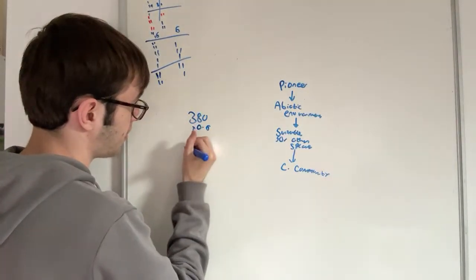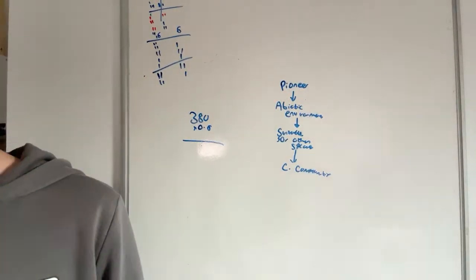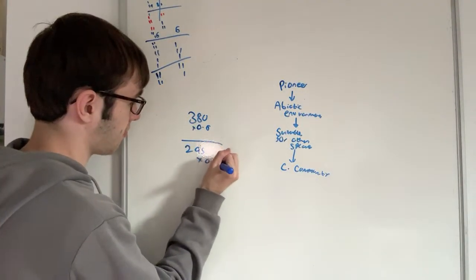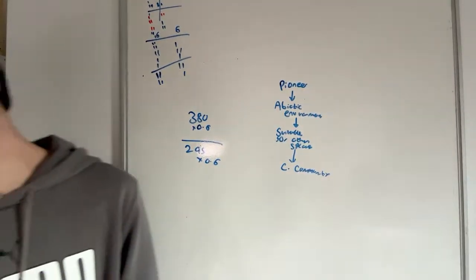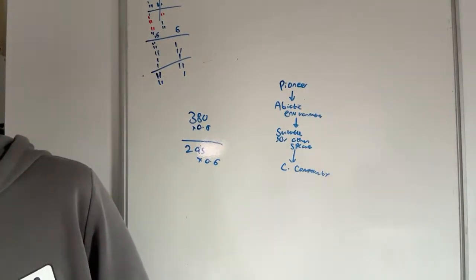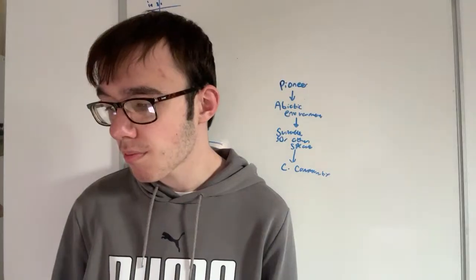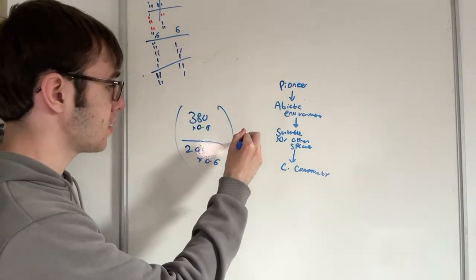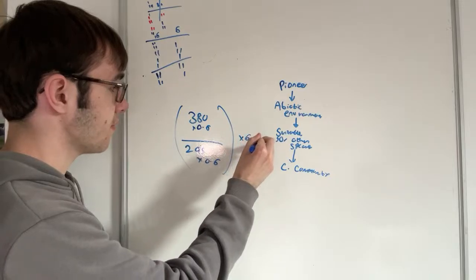So we multiply that, divided by the placebo of 295 times 0.6. Right. Oh wait, but that's per minute. So then we also have to multiply that by 60 times 4.